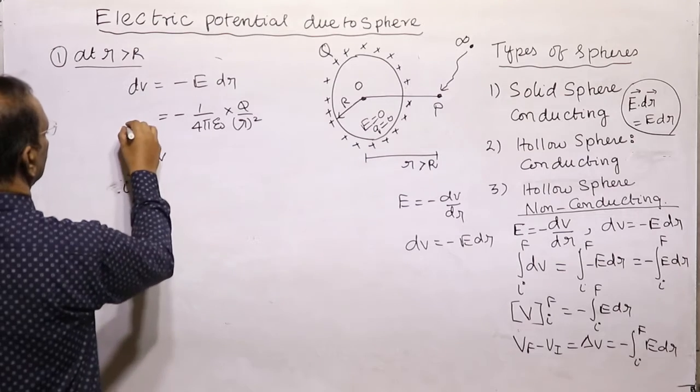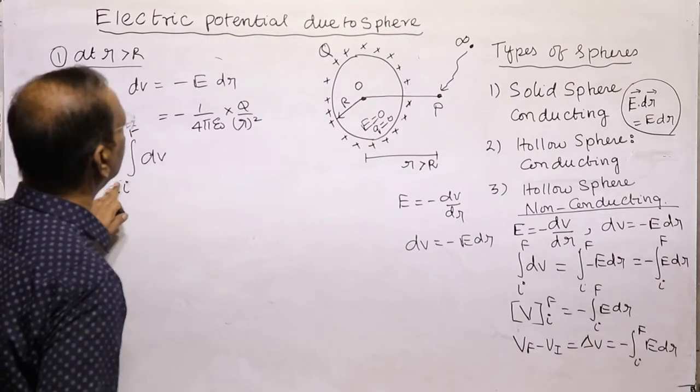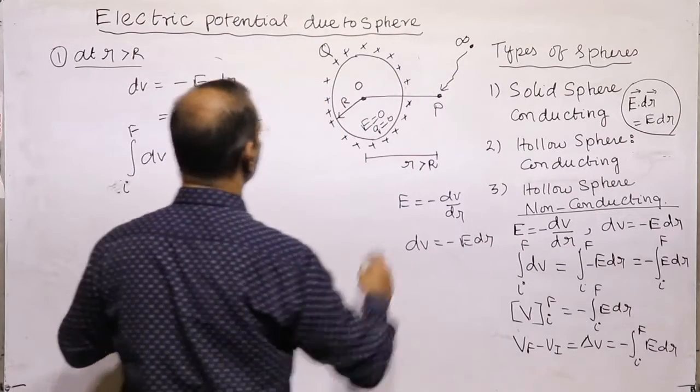For the potential, we go from initial to final, always from initial.